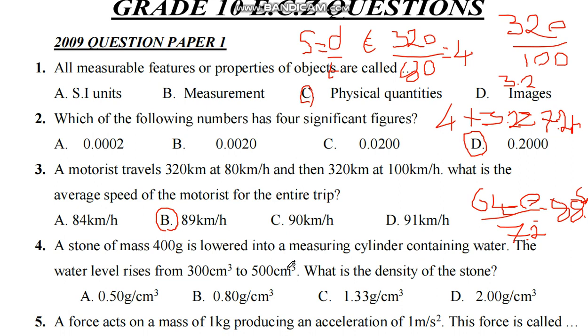The density of the stone can be calculated using the formula: density is equal to mass divided by volume. When the stone is lowered into the measuring cylinder, the water level rises from 300 to 500 centimeter cubic.